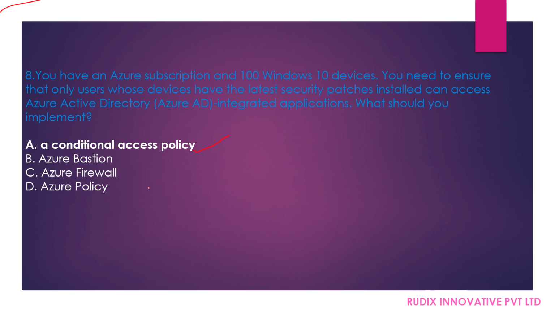Coming to option C, Azure Firewall is a managed network security service that controls outbound and inbound traffic to protect resources. Coming to option D, Azure Policy is used to enforce organizational standards and configuration settings, but it is not specifically tailored to enforcing access to Azure AD integrated applications.